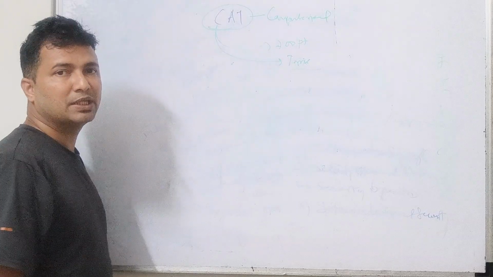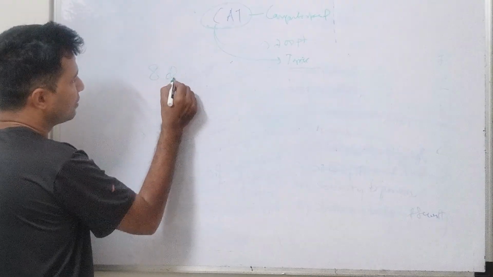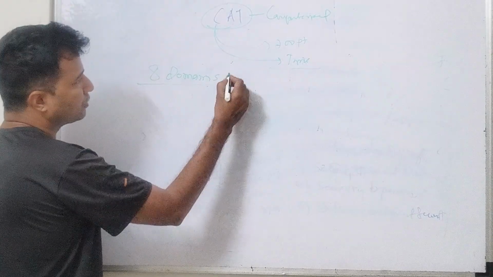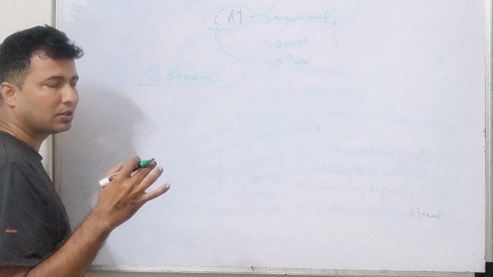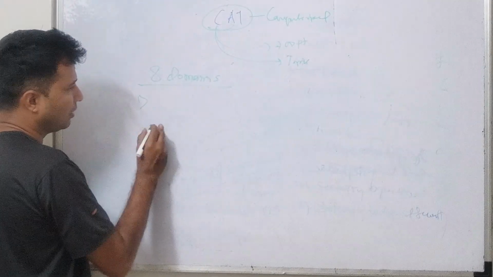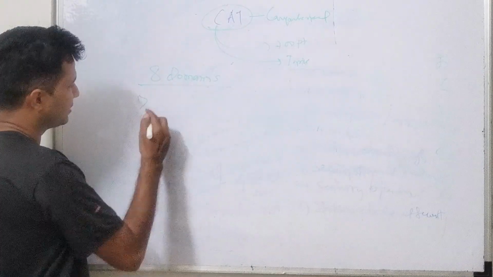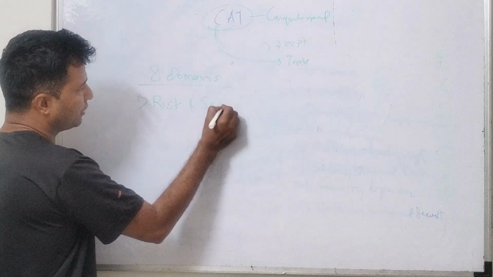In CISSP, we have 8 domains in total, and marks are distributed across all those 8 domains. The first domain in the CISSP is risk and security.